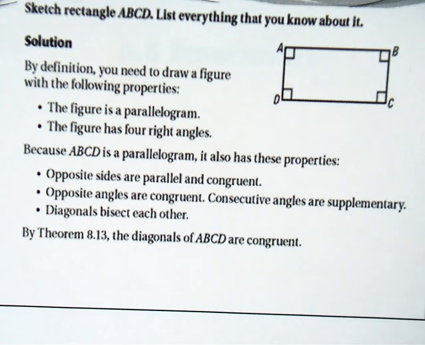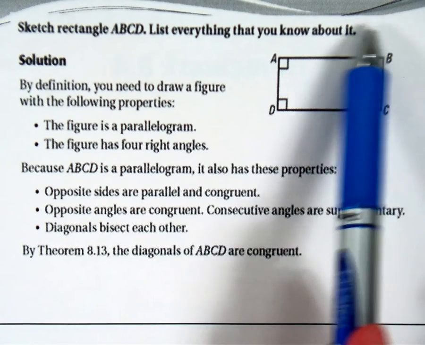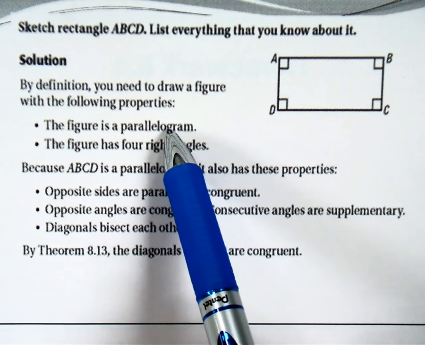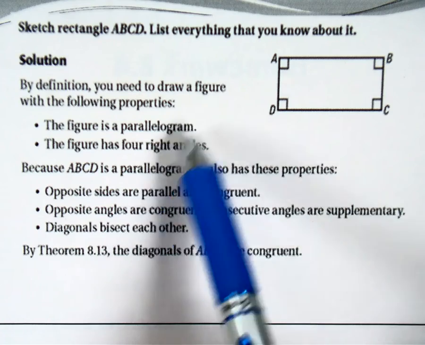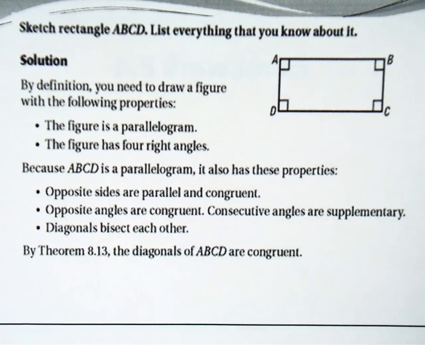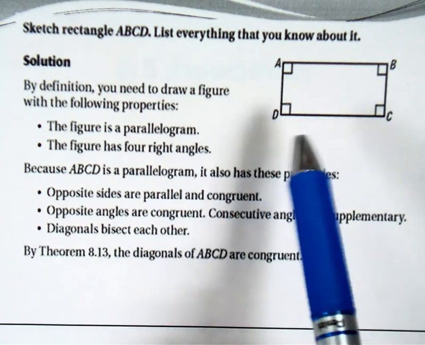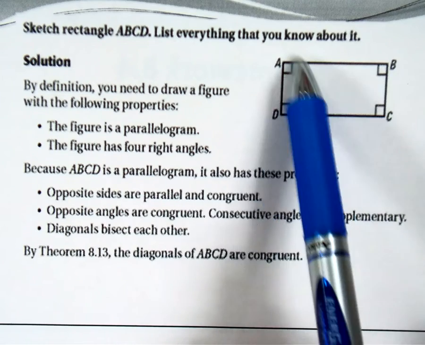Sketch a rectangle ABCD. List everything you know about it. What do we know about rectangles? Well, number one, we know that a rectangle is a special parallelogram. So all the parallelogram properties are going to be true. And the special thing about this parallelogram that makes it a rectangle is that it has four congruent right angles.